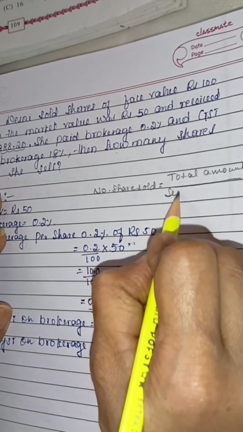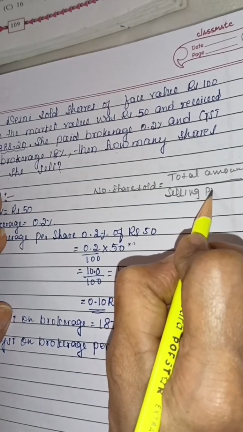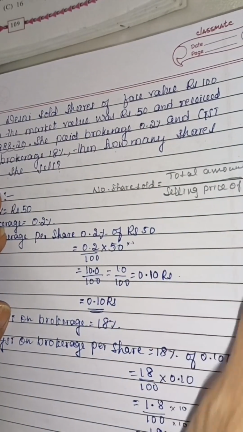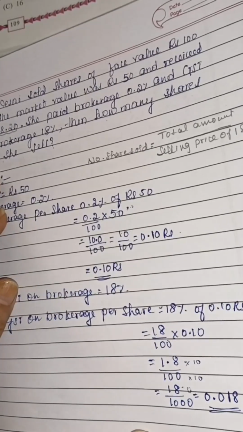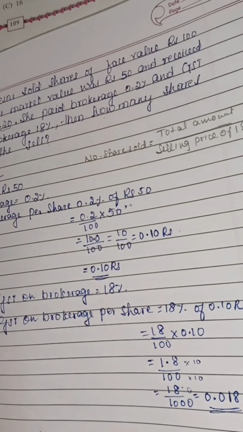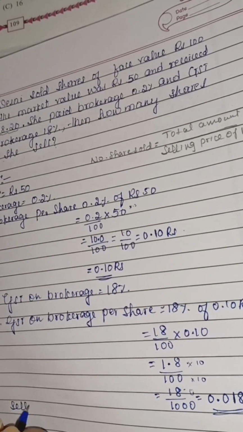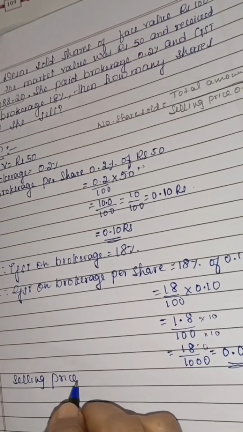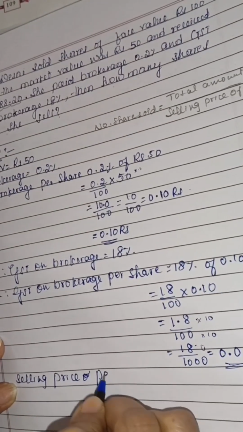Selling price of 1 share means the selling price per share, which we have to find out.